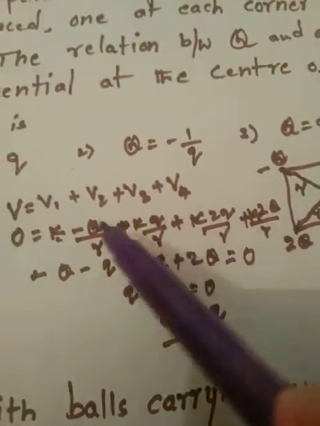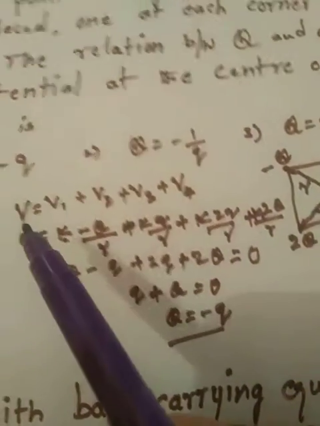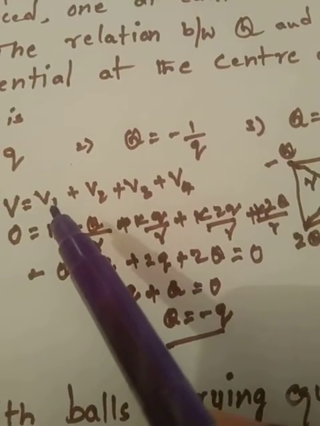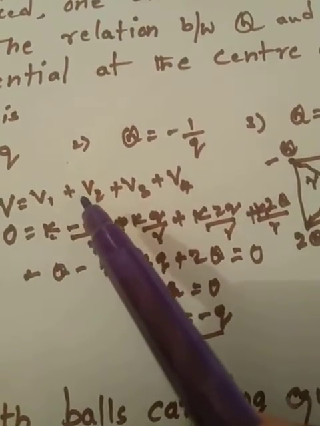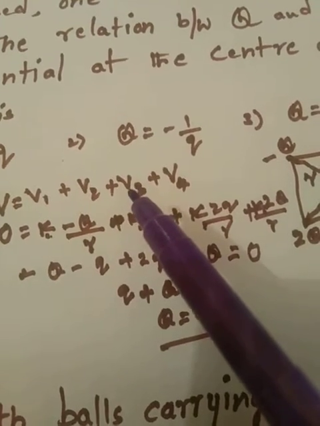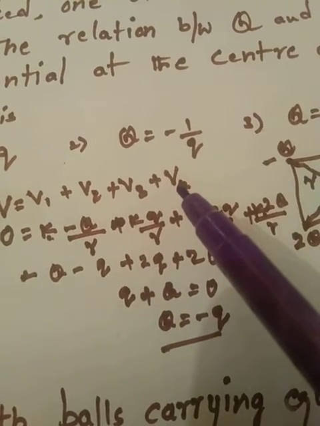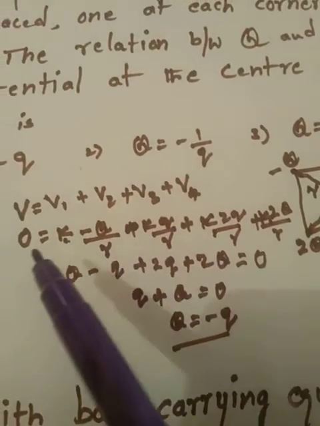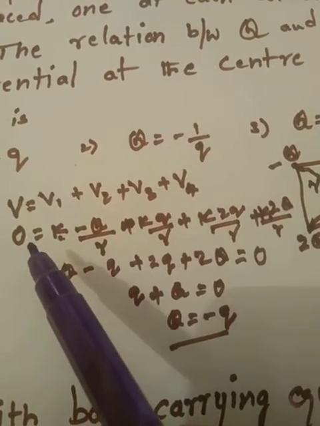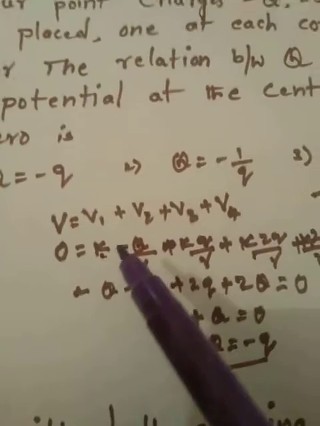So the net potential at the center, V, is equal to the potential due to the first charge plus the potential due to the second charge, the third charge, and the fourth charge. Therefore the resultant potential will be 0 at the center of the square.